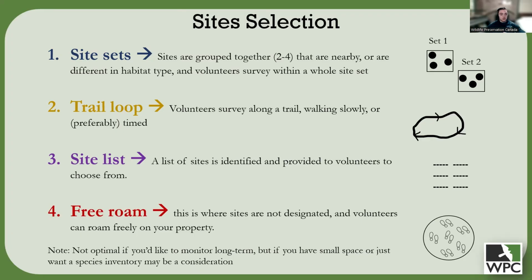Again, all of this is quite flexible. These suggestions and prompts are just to kind of prime our brainstorming when it comes to your specific desires and your specific hosting location.